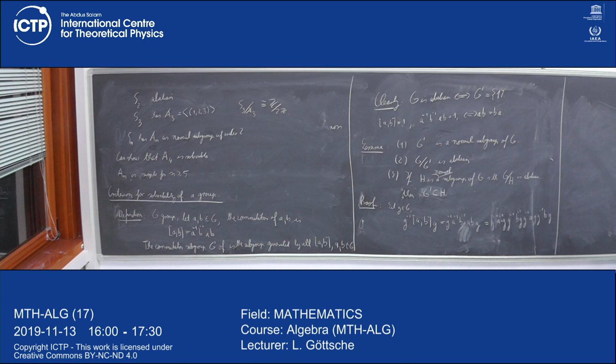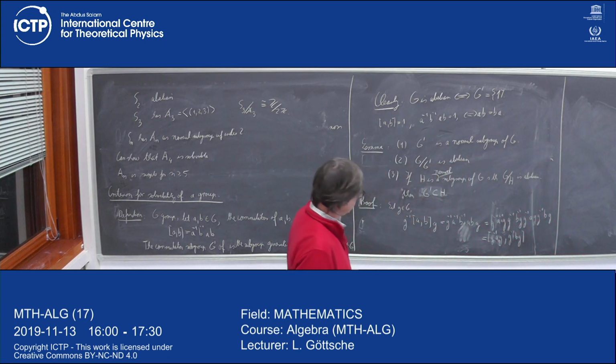I've just multiplied by 1 in many places, and this is just g a g^-1, g^-1 a g, g^-1 b g.